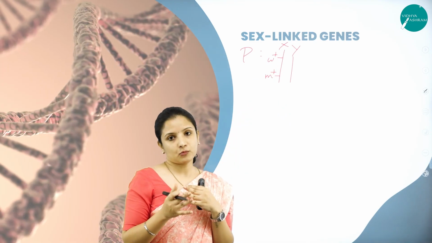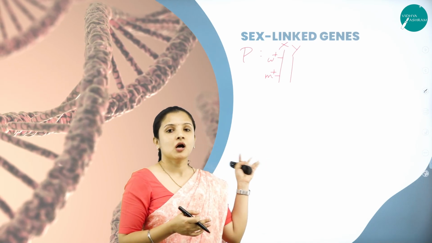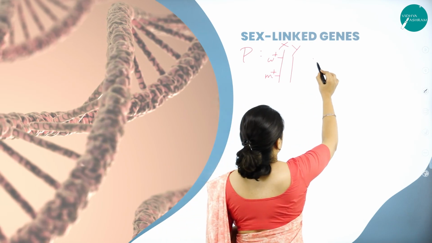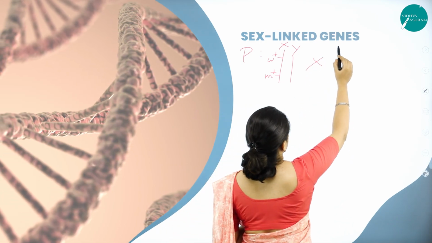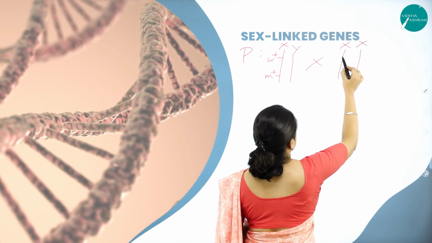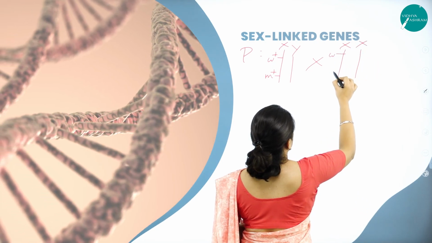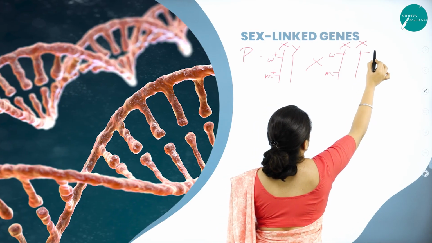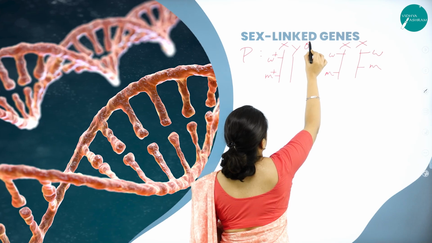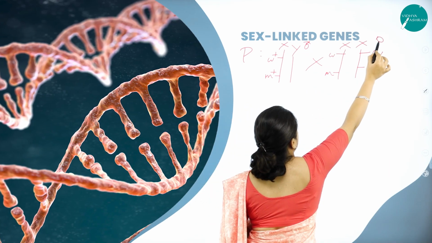So when the crossing over takes place in such a condition, how will the resulting progeny look? We will just see. So he made a cross between the female X, where we have W, M, W, M. So this is the male and this is the female.